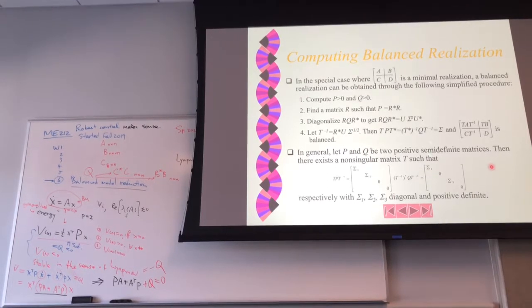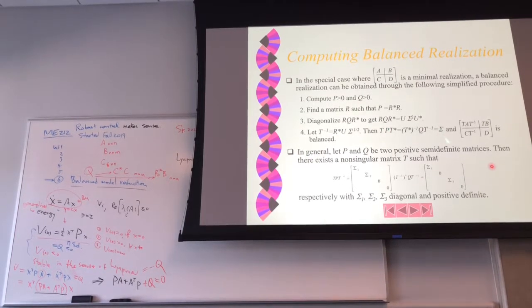And you also make P diagonalized, and this also makes Q diagonalized. So in general, the P and Q can be positive semi-definite matrices. So you always can have this P and Q as diagonal matrices and positive definite.